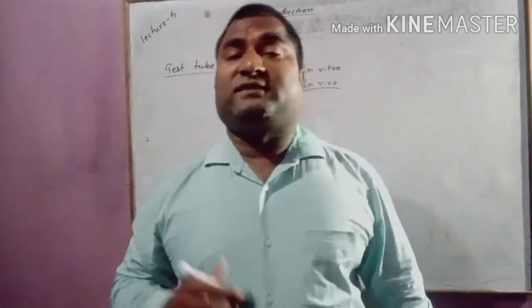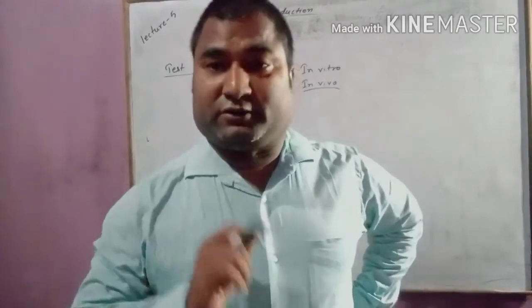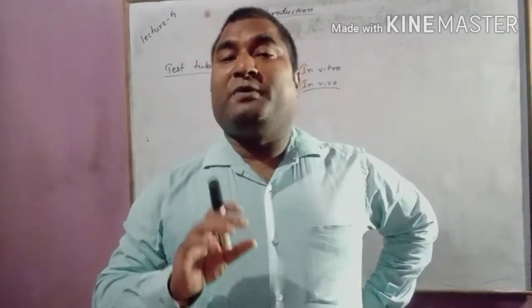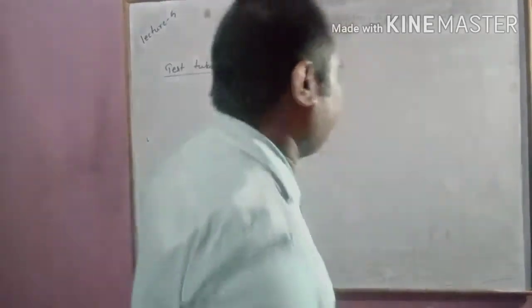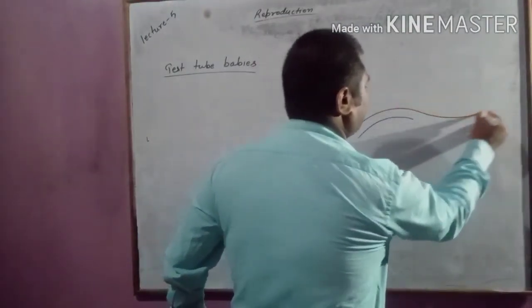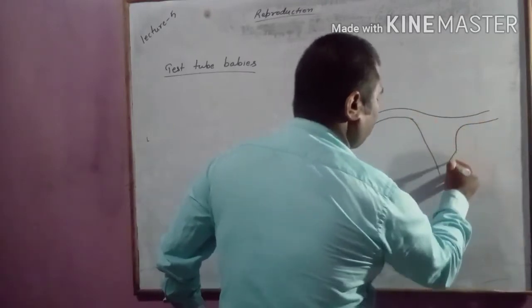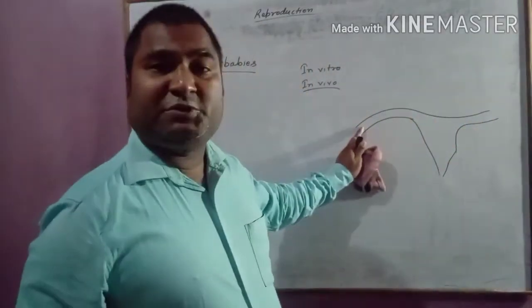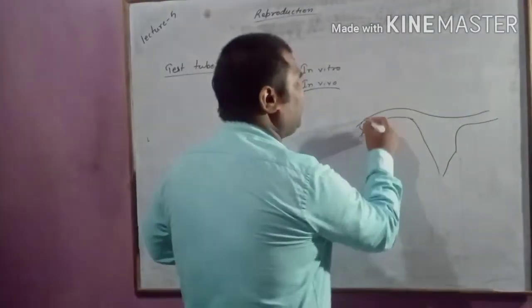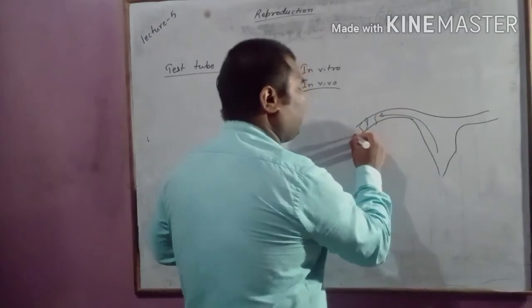Sometimes in some ladies the fallopian tube remains blocked. I am saying this is the fallopian tube and this fallopian tube is blocked. When this fallopian tube is blocked due to any reason, the sperm cannot reach the ova.